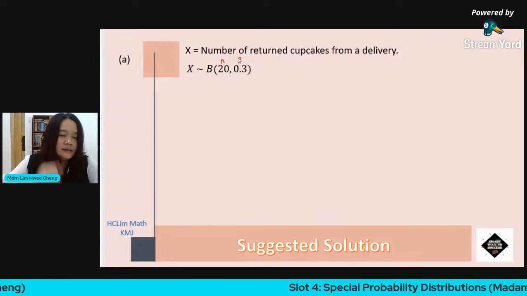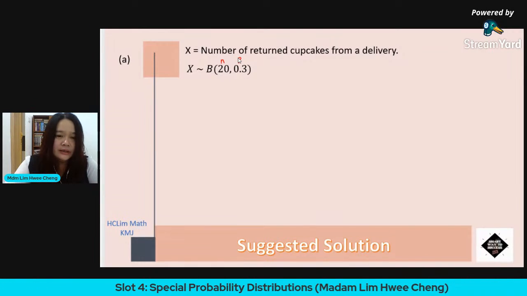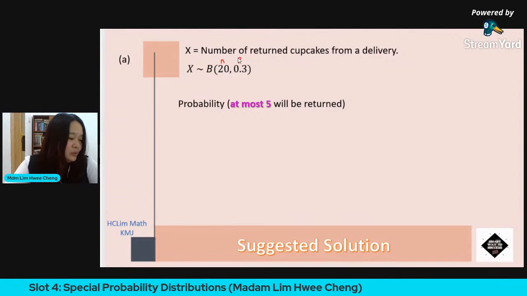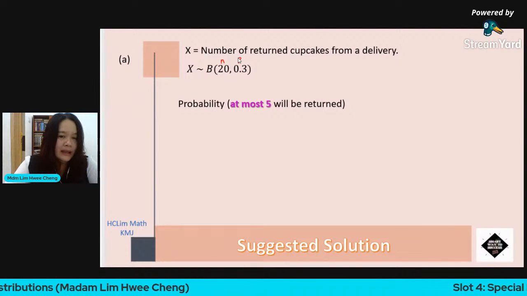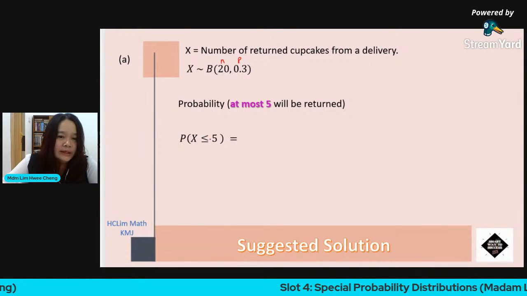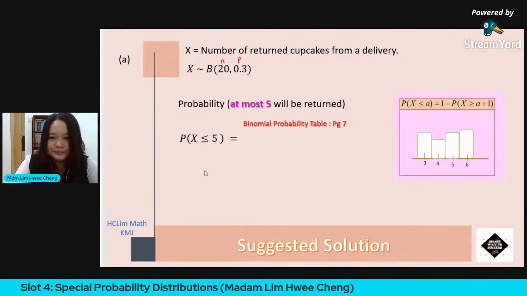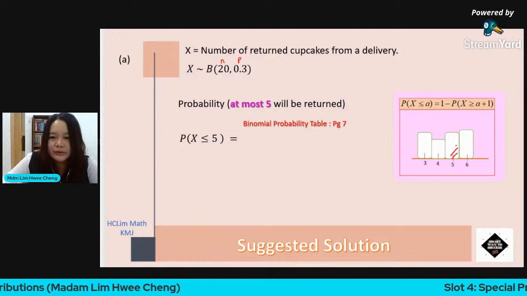Since this is still discrete, I can use the gigi rule. So at most is less than or equal to 5. Unfortunately, my table does not have less than or equal, I only have greater than. So how do I do it? Class, you see, you have the less or equal, so you are going to shade all this.